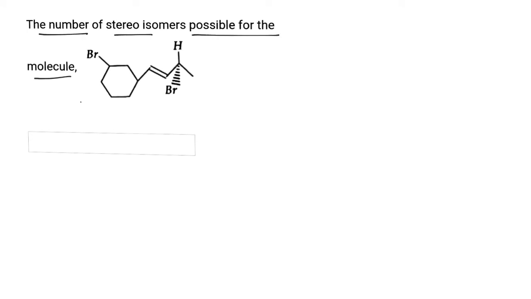Now this molecule has a total of 3 stereosites: 1 chiral carbon at which Br is attached, another stereosite around which geometrical isomerism is observed, and this chiral carbon and this chiral carbon. So total 3 chiral carbons and 1 stereosite for geometrical isomers. So the total number of stereosites around which stereoisomerism is observed is equal to 4.